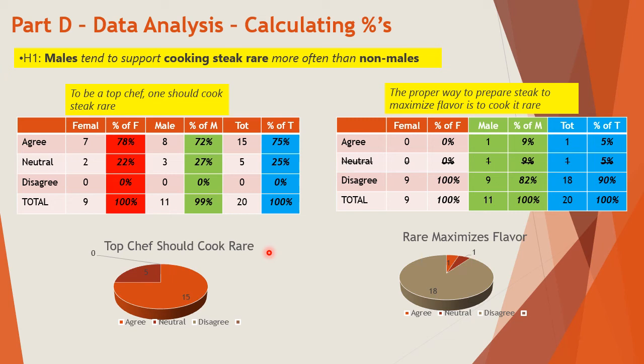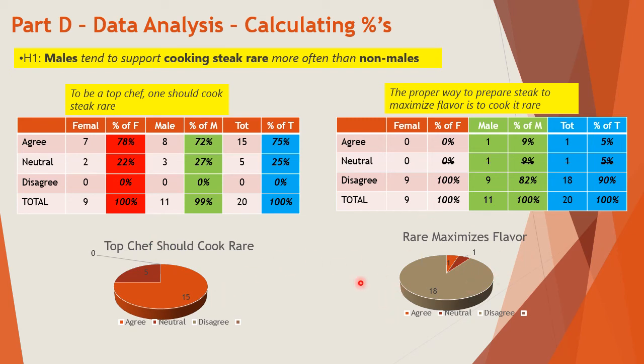And so you've got to be thinking through that, whether it's a process problem, I didn't interview enough people, whether it's some kind of other hypothesis about it, like, oh well, people may know or have heard that the proper way to cook steak is rare. So they were answering not so much from a perspective of taste when they were talking about chefs as they were when we were talking about flavor.